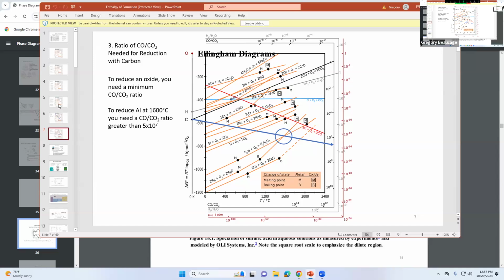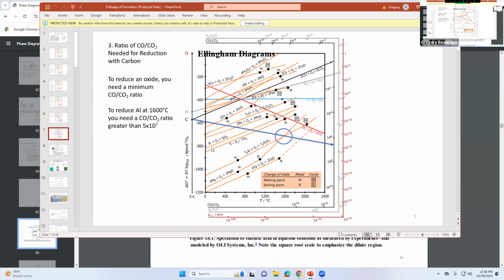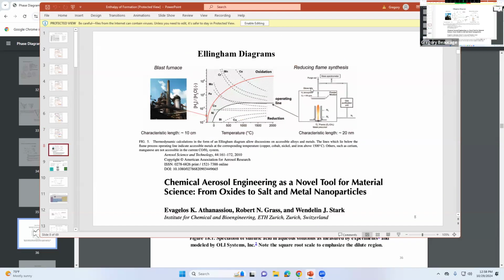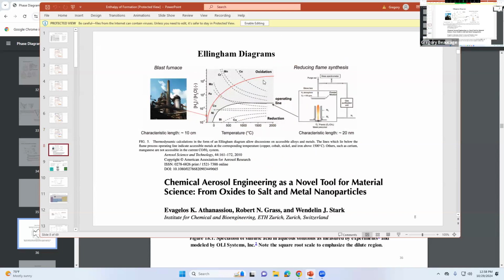So those are the three things: which one will reduce, what partial pressure of oxygen you will get, and, if you're doing this carbon reduction, what ratio of CO to CO2 you need. Those are the three. And in this case, they're using water, the hydrogen H2O, which would be the other curve here, the H2O curve, to get the condition for oxidation and reduction in this flame.